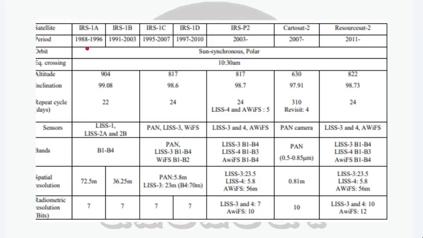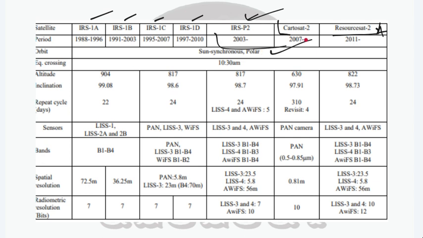So here you can see the specifications of IRS-1A, 1B, 1C, IRS-1D, IRS-P2. Now Cartosat 2 is in working condition, RISAT 2 is in working condition, and the latest is RISAT 2A, that is also in working condition. These are not in working condition. Okay. So IRS-P2 is also in working condition.